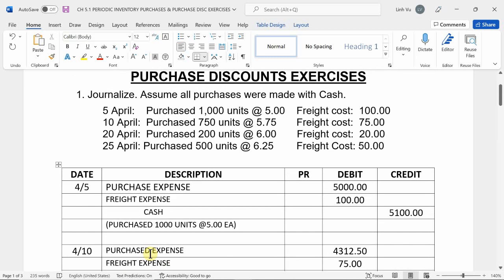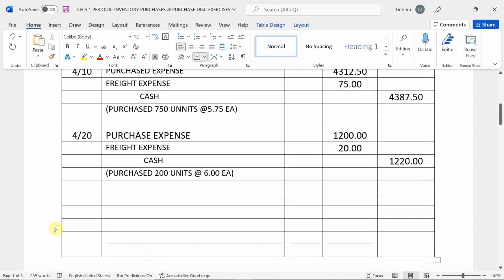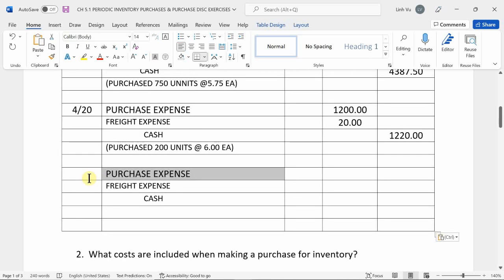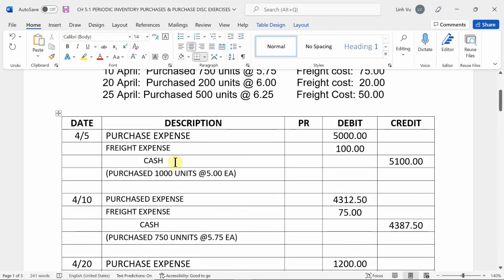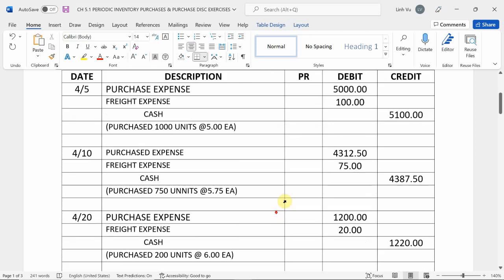Last but not least, April 25th, we end up purchasing 500 units at $6.25 each with a freight of $50. Okay. So purchase expense, right? I purchased 500 units at $6.25 each, so $3,125.